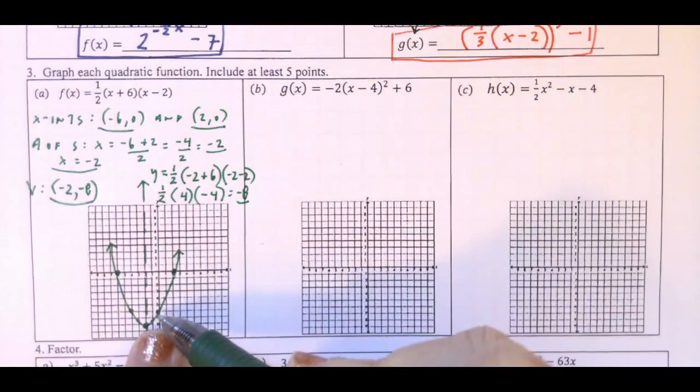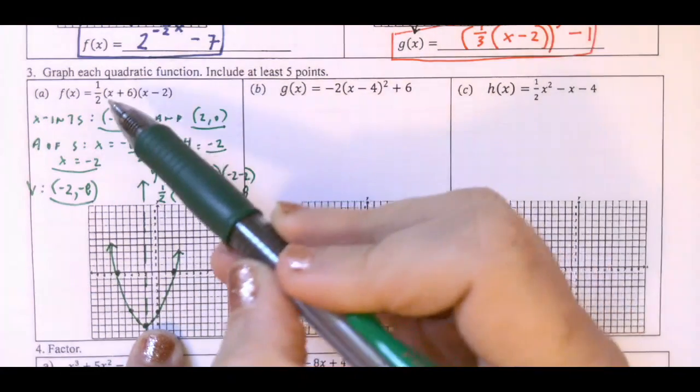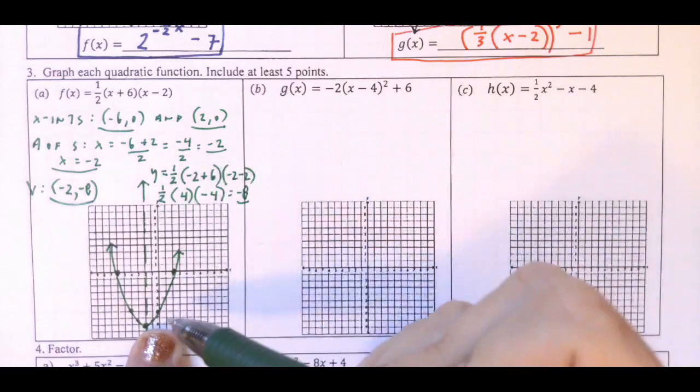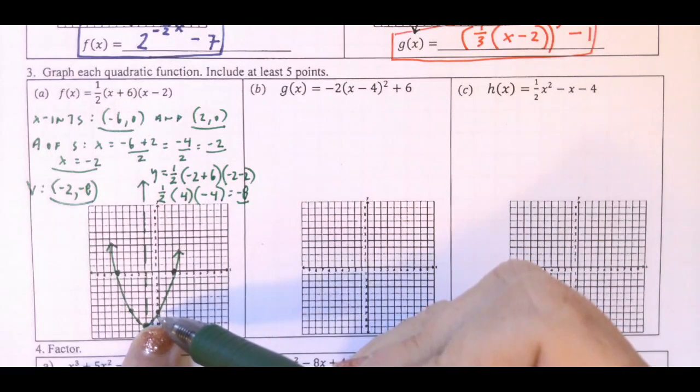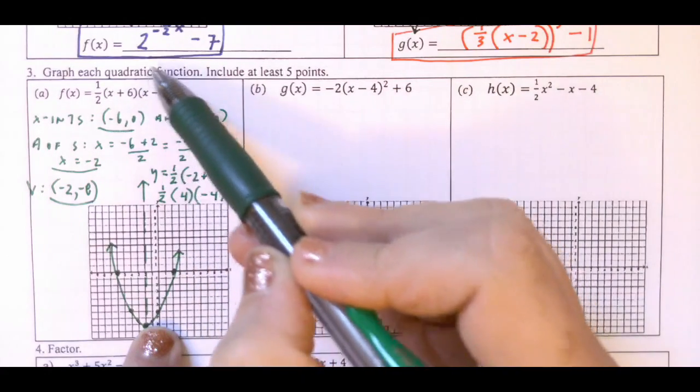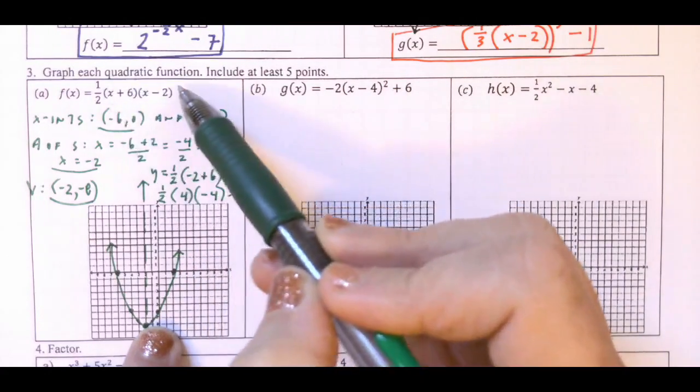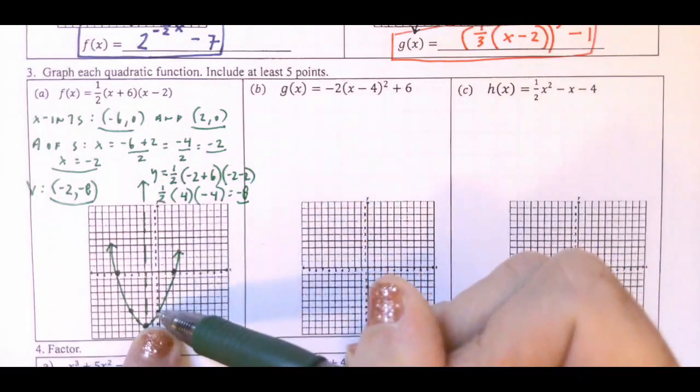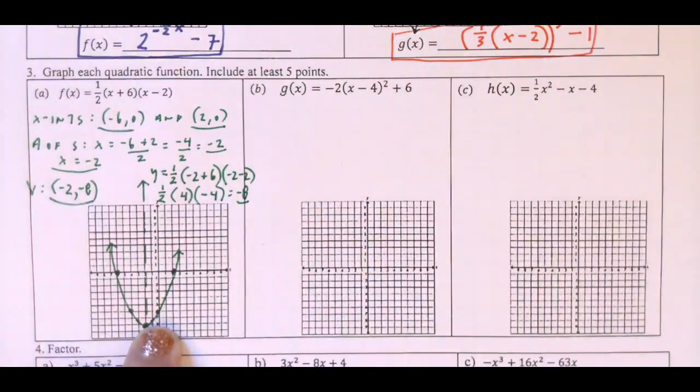If I want to confirm that that's the y-intercept, I could always plug in a 0 for x and make sure that it outputs a y value of -6. Let's check it. Put in a 0 here and here. That product is -12. Cut in half, confirms that -6 right there.